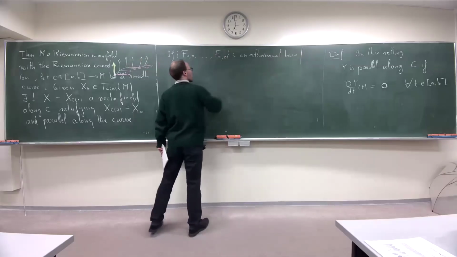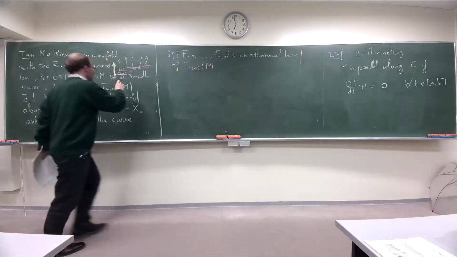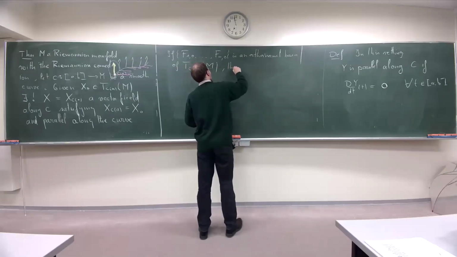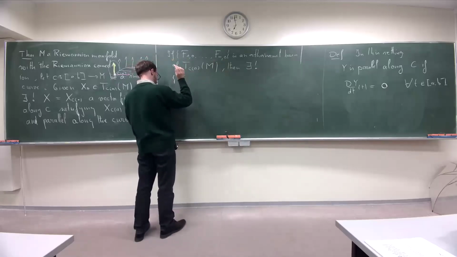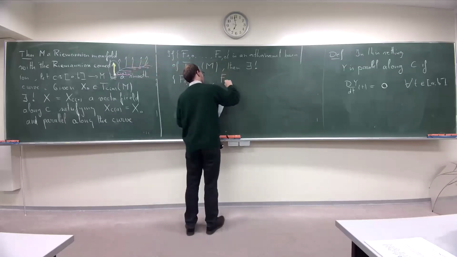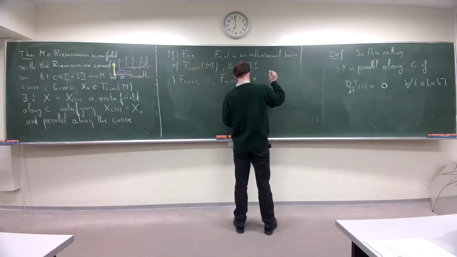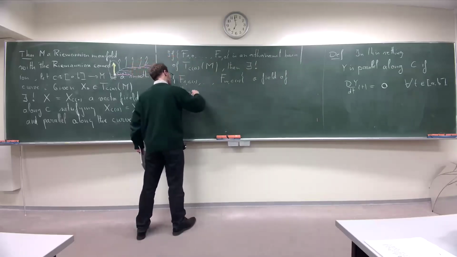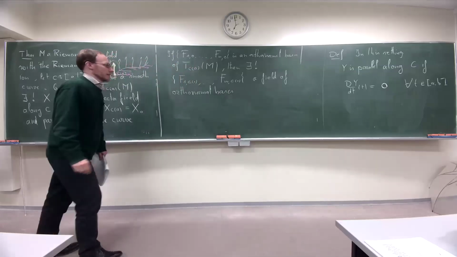It's an orthonormal basis of the tangent space at C of A. So this is this initial basis. Then there exists a unique family F1 of C of dot up to FM of C of dot. It's a field of orthonormal basis, satisfying.